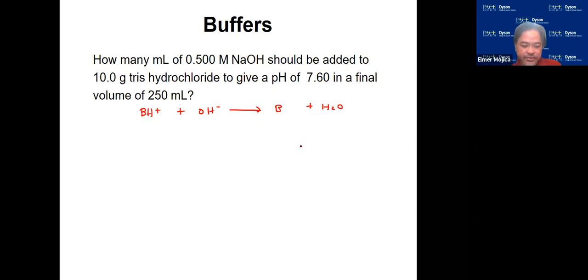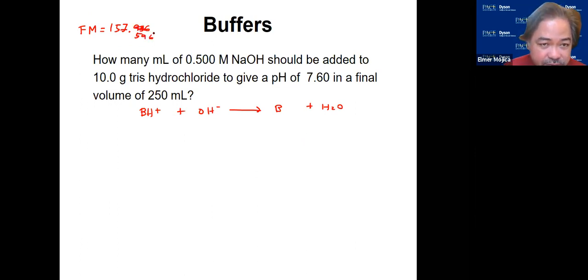Okay? So the question that's being asked here now is how many ml of 0.5 molar NaOH should be added to 10 grams of the tris buffer? So you should have the formula mass of the tris HCl here, which is 157.596.